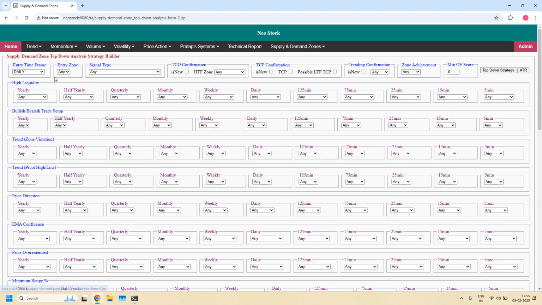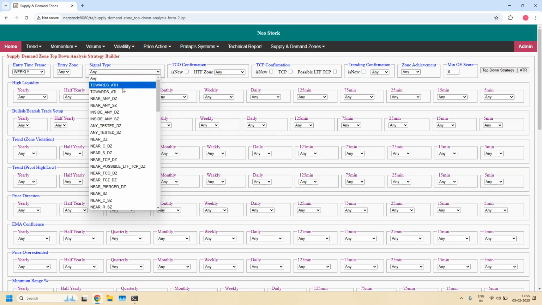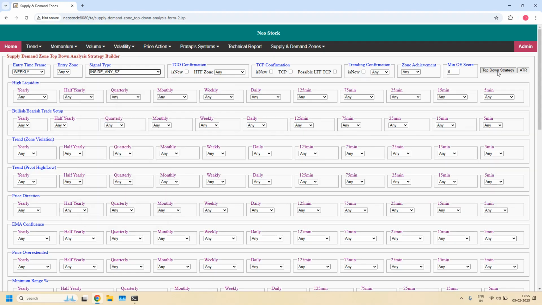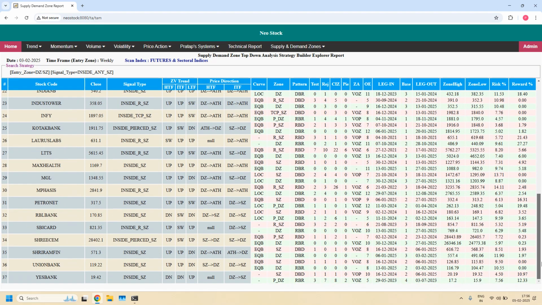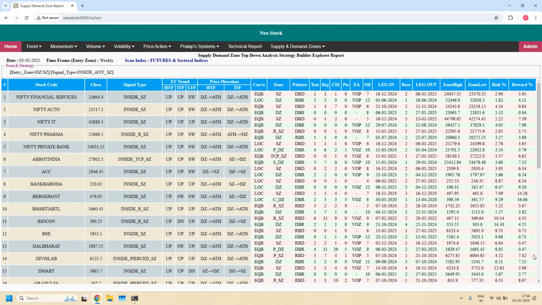Next, weekly time frame. Price closed inside the weekly supply zone. We got 37 stocks. So first 15 stocks in the list.